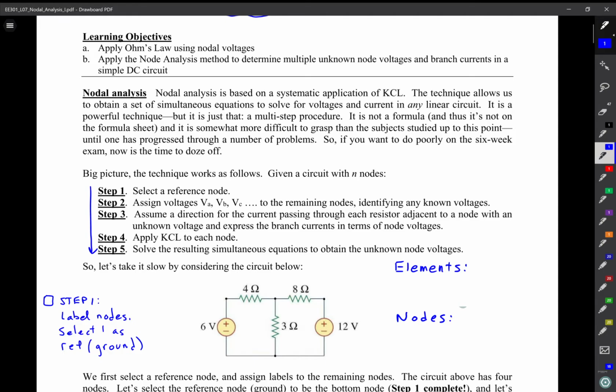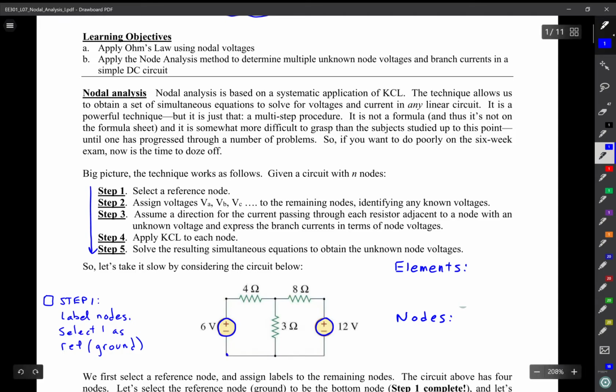So I have a circuit here, and I want to know how many elements are in this circuit. Well, I can see I have a voltage source here, 6 volts, and a 12 volt voltage source there, and 3 resistors. And all of those are elements because they are a single two-terminal symbol in a circuit.